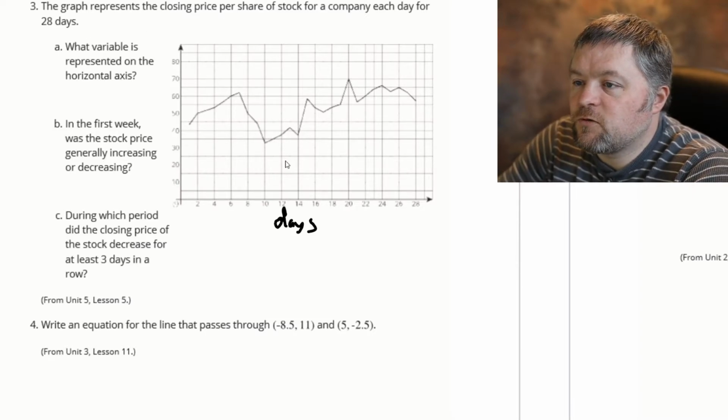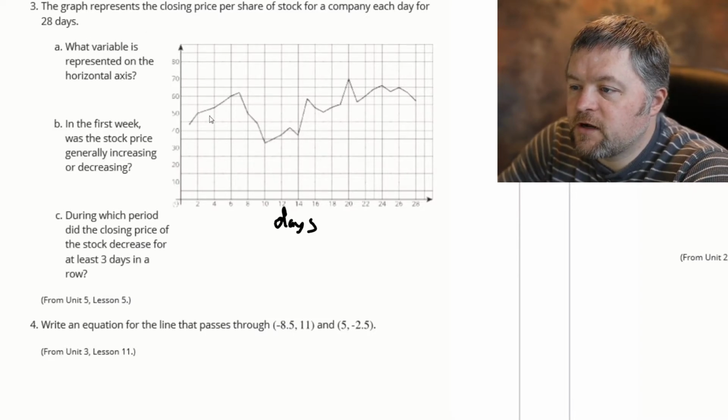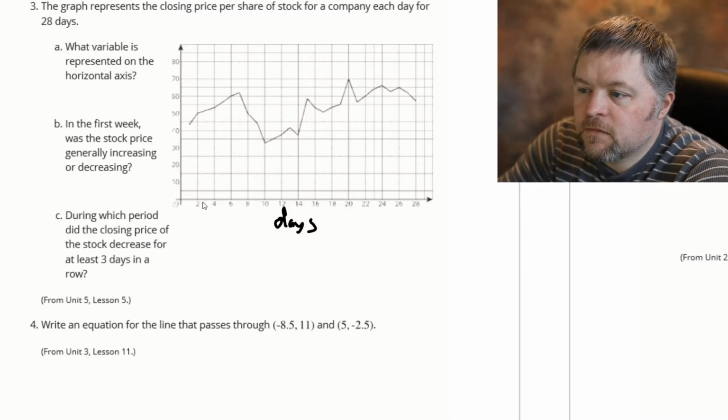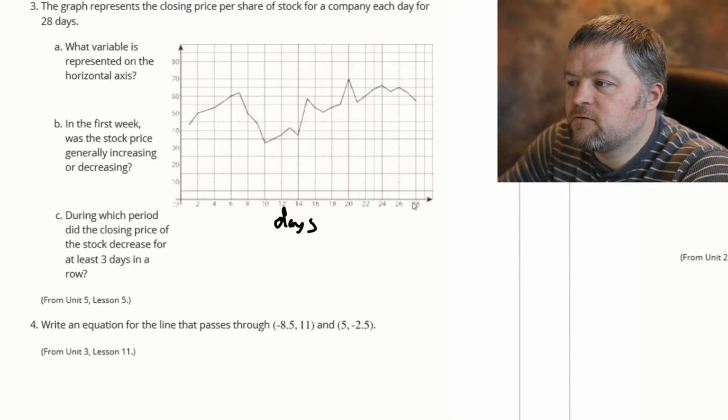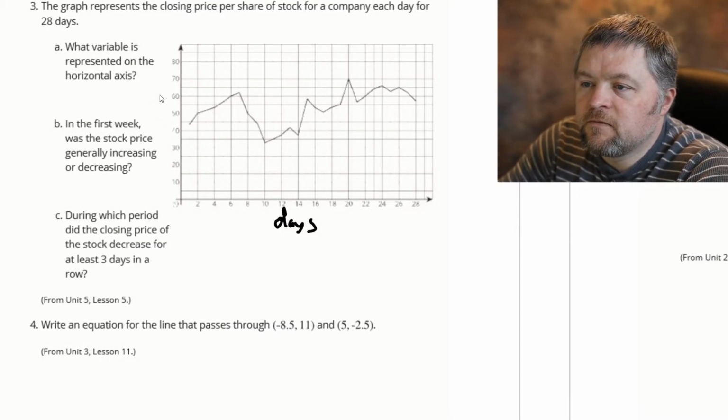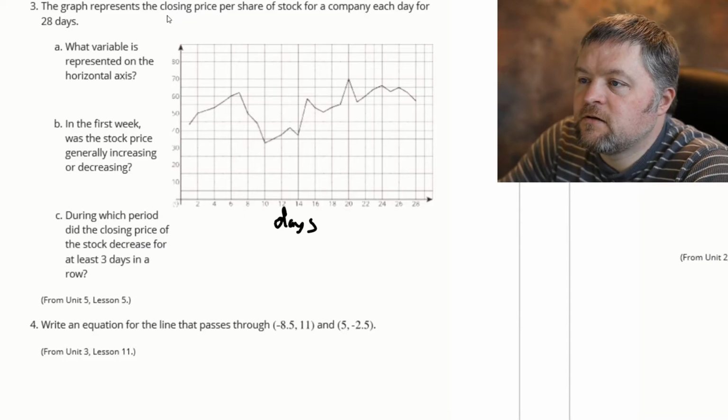If this is 28 days, the share price depends on which day. Days 0 to 28. This said 28 days. What variable would be on the vertical axis? Closing price.